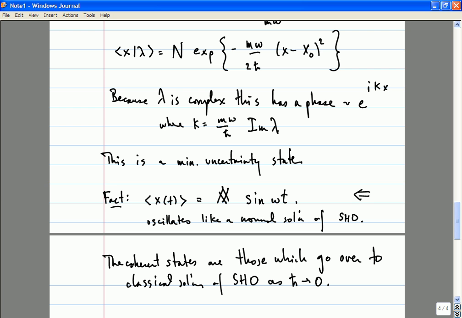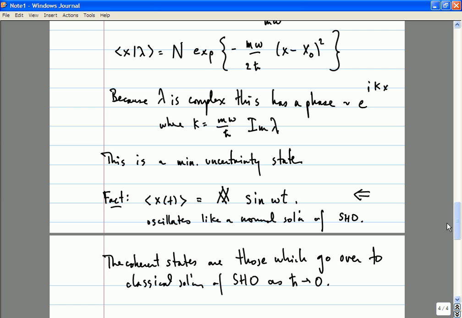Yes. So remember, I think it was the second lecture of the course, I introduced the notion of a minimum uncertainty state as something which saturates the uncertainty bound. One of the things that you presumably remember is that a Gaussian is a minimum uncertainty state.